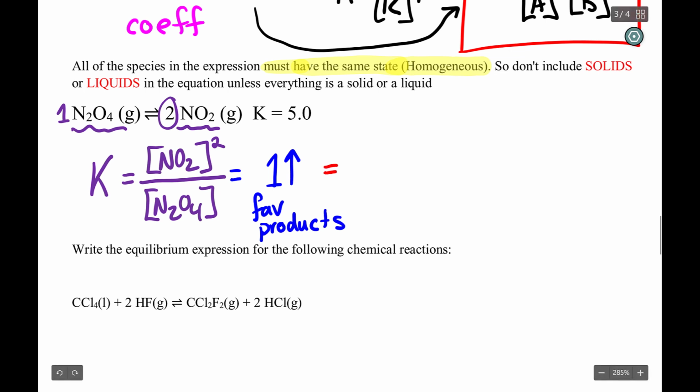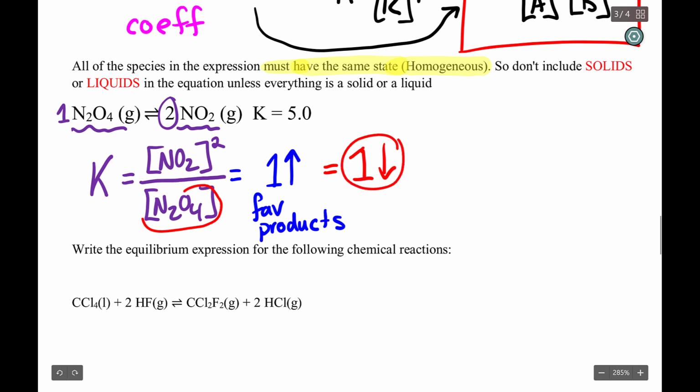Conversely, let's imagine you had a value that was smaller than 1. That means my numerator has to be smaller than my denominator. Now, if my numerator represents products, that means I have less products than I have reactants, which is on my denominator.